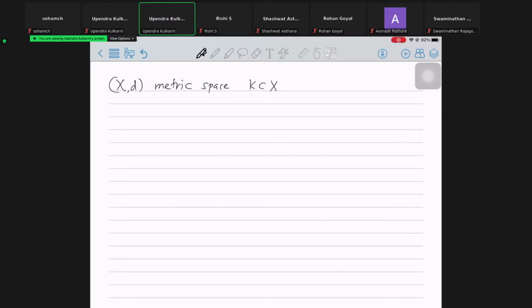Okay, so we are going to work inside a metric space X, and any subset also becomes a metric space under the same metric. So let us define what compactness means.